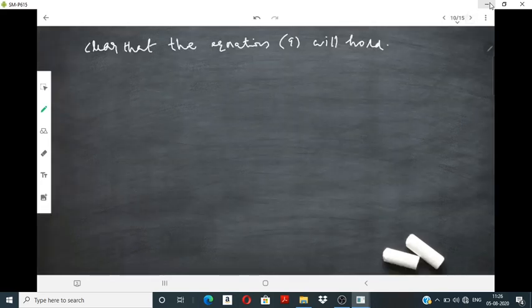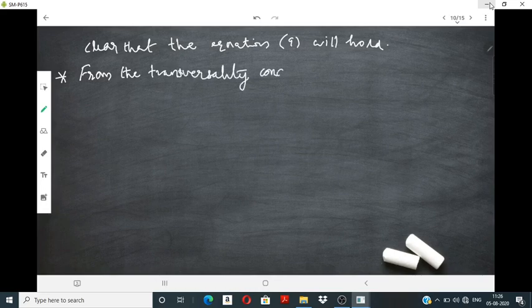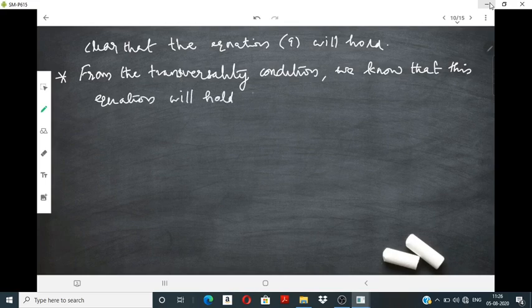For that, we know from the transversality condition that this equation will hold at t equal to 0.